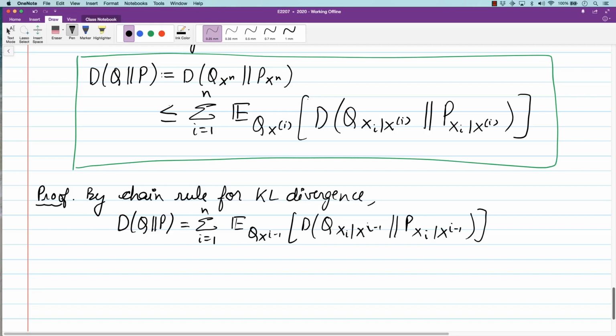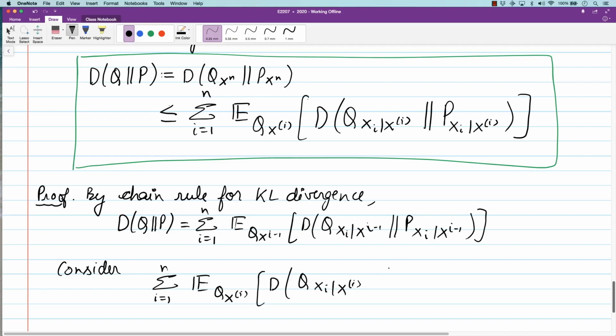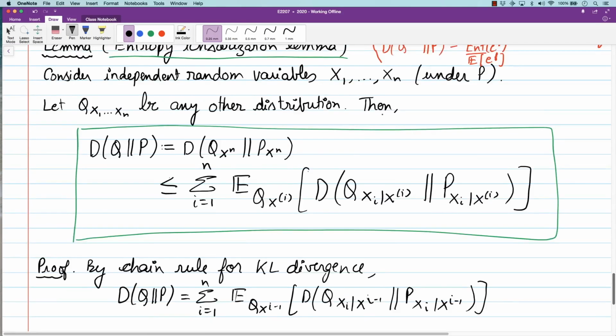So we can just take the difference of these and show that the difference is non-negative. So consider the summation i equals 1 to n of the expected value over Q of the divergence between Q(xi given the rest) and P(xi). The most important thing in this claim is that these variables are independent under P, and so under P there is no past.